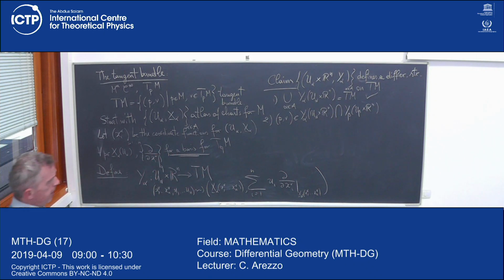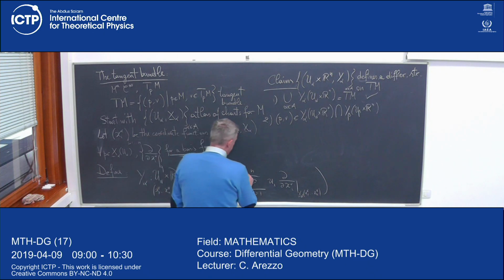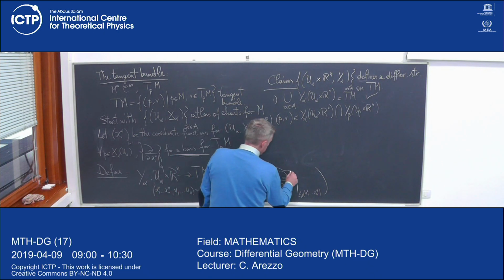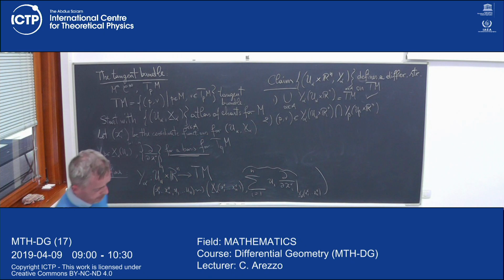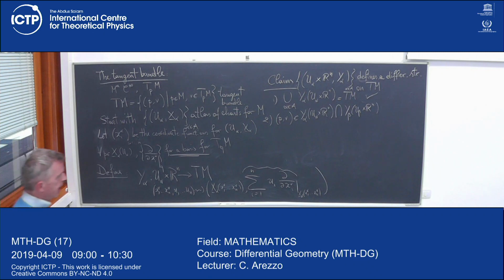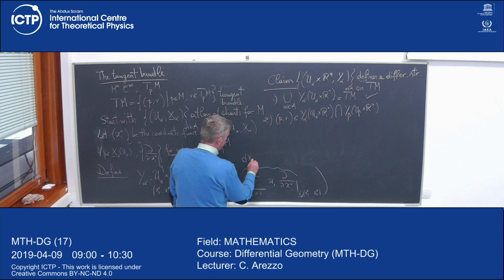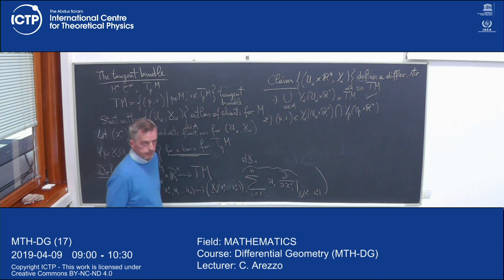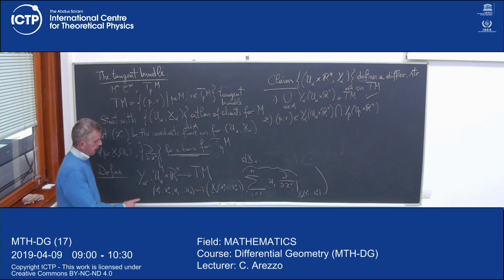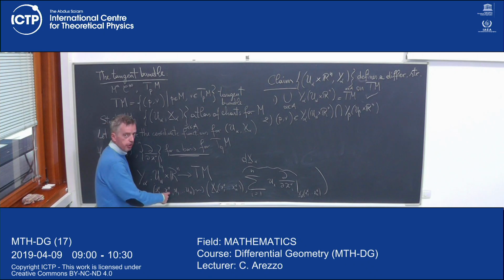Okay, actually it would be very convenient to rewrite this object here. The formula will be dramatically simpler if I just observe that I can write this object here as dx alpha at the vector u1, un.